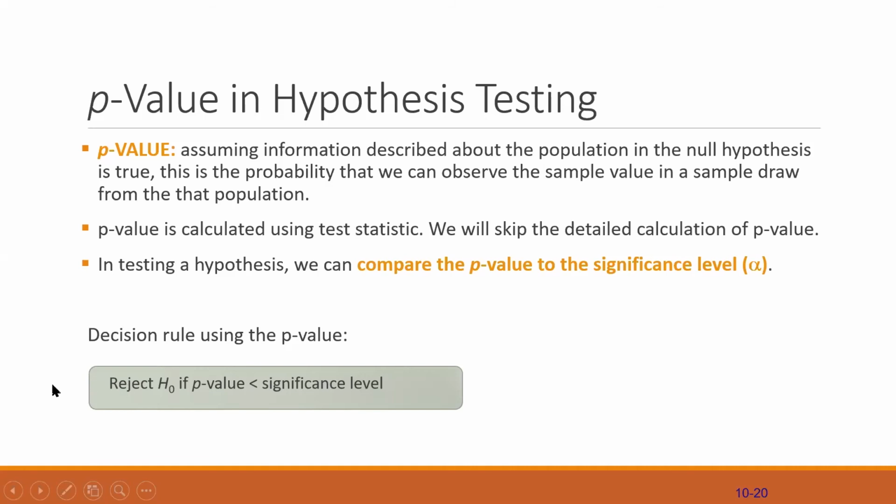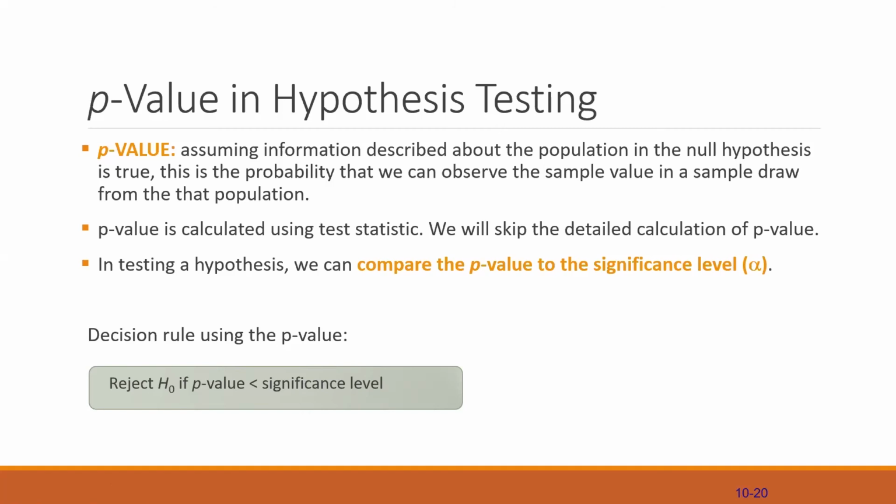And that is this decision rule. Okay? If the p-value, or the probability, is even lower than our significance level, then we say that probability is very low. In other words, it's very unlikely for us to observe a sample mean as low as 48.6.